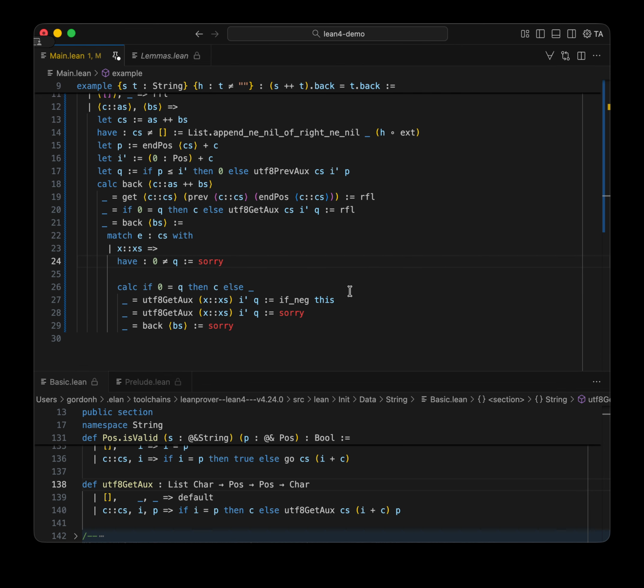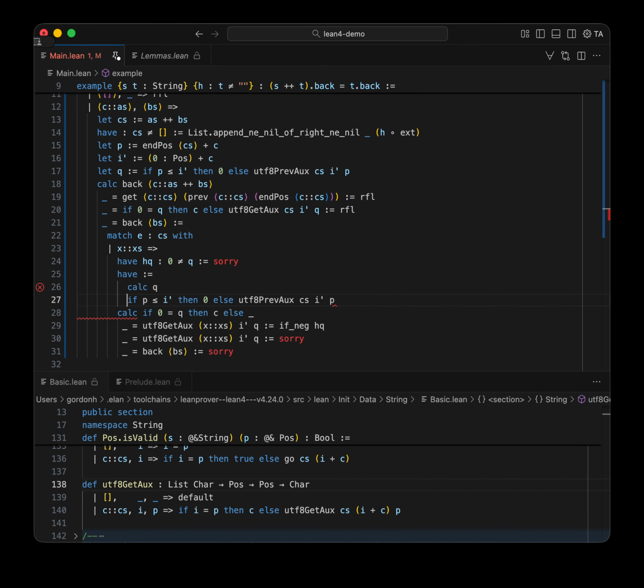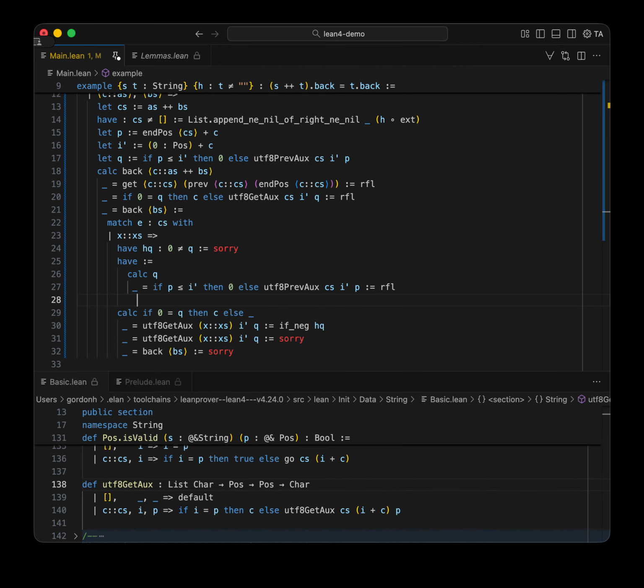Let me name this HQ. Q is not zero because this is false, meaning that it will take the second range.